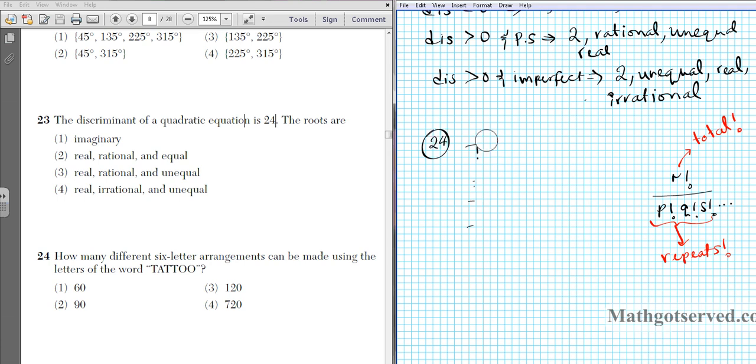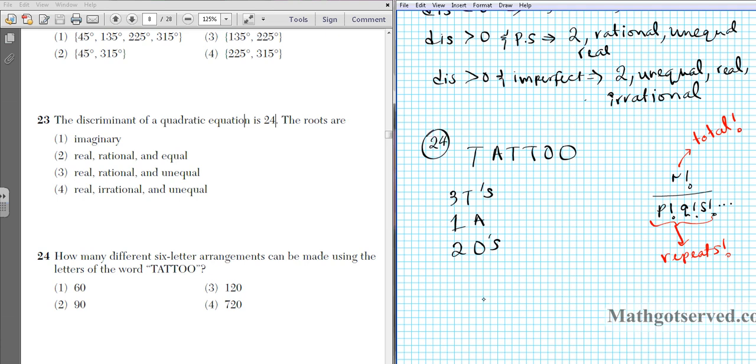So let me rewrite this, tattoo, going sideways. When I say total, I mean how many letters are there? 1, 2, 3, 4, 5, 6, right? We have 3 T's, 1 A and 2 O's. 2 plus 1, 3, plus 3, 6.